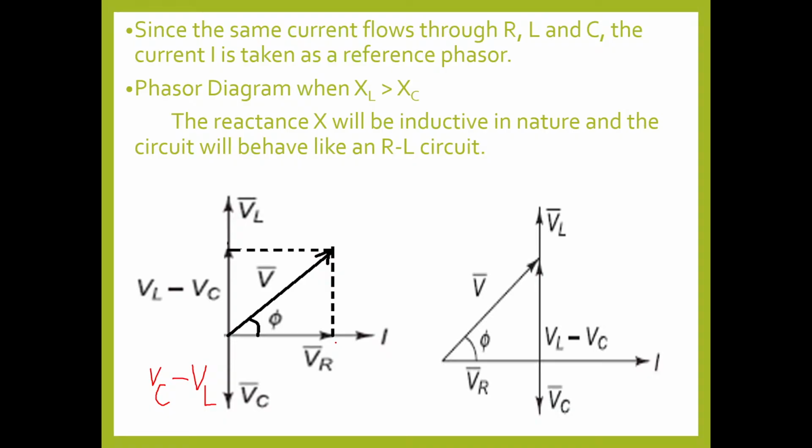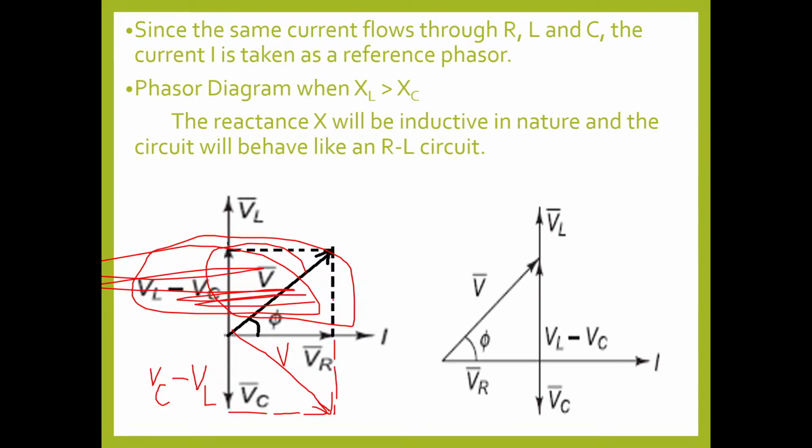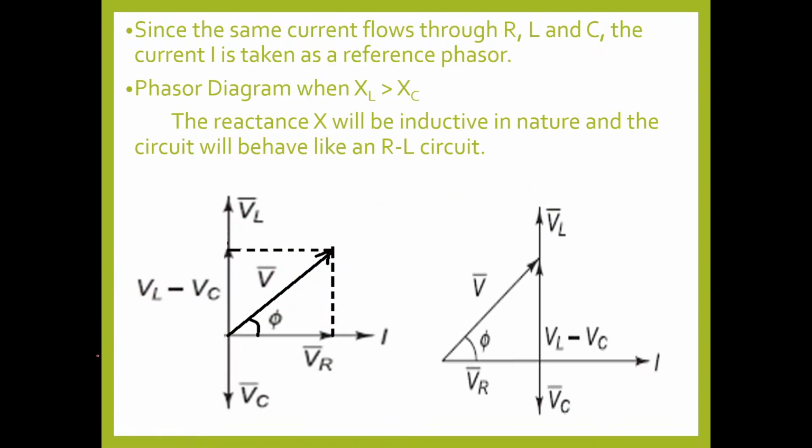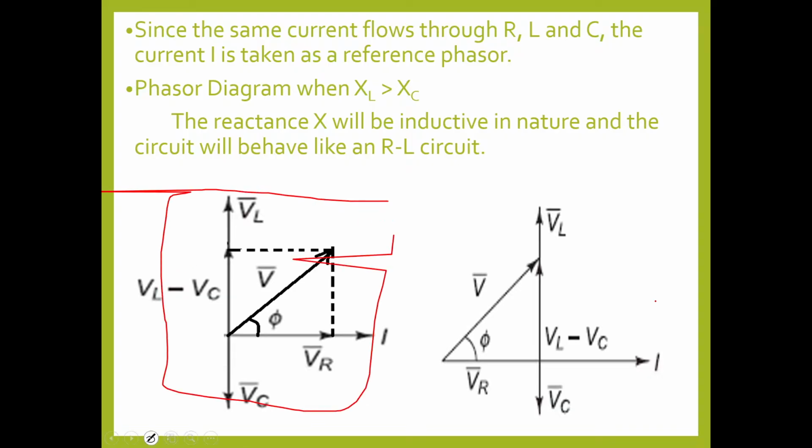Here VR is there, so draw a dotted line from here, and this is V. This is the phasor diagram for XC greater than XL. Usually inductive reactance will be greater than capacitive reactance, that's why the earlier one is the usual phasor diagram, and this is the voltage triangle.